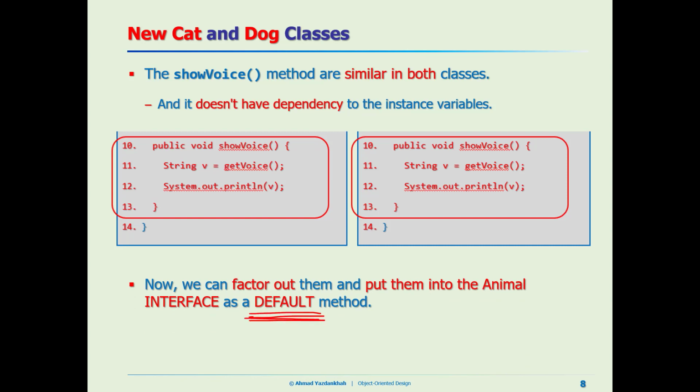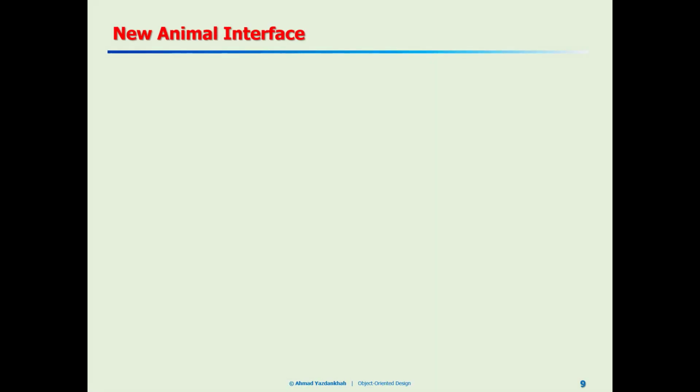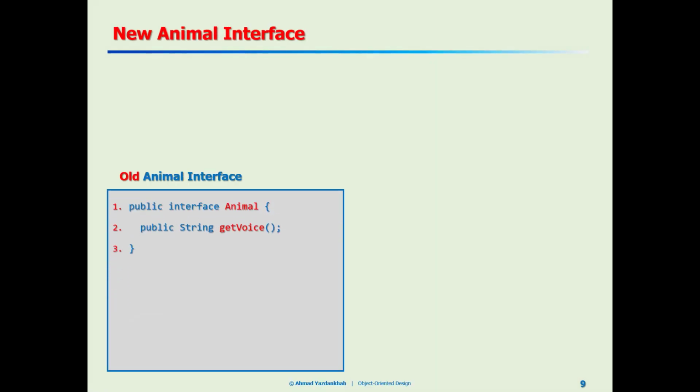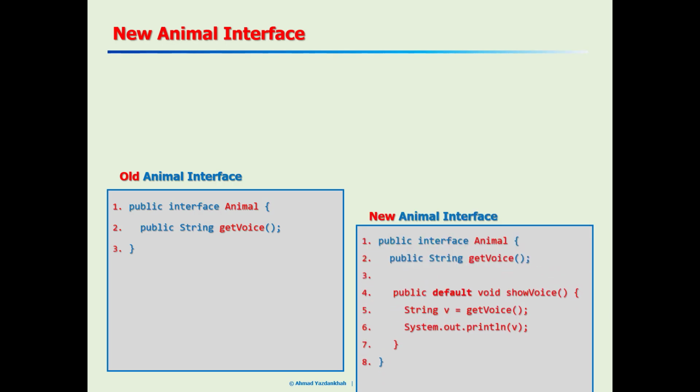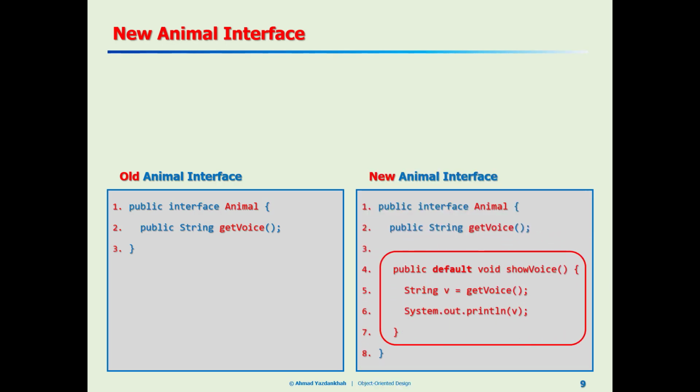Here is our old animal interface, and here is the new one. Look at this. This is exactly the same method. The only difference is that we just put the default keyword here. Otherwise, your code won't compile.